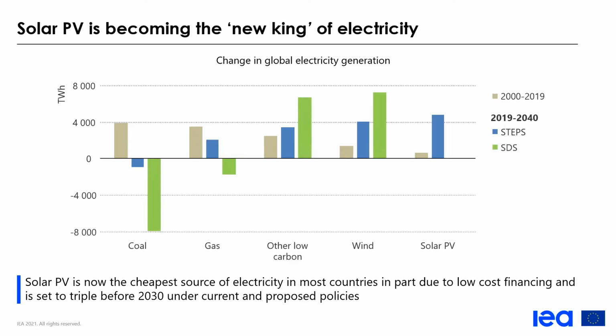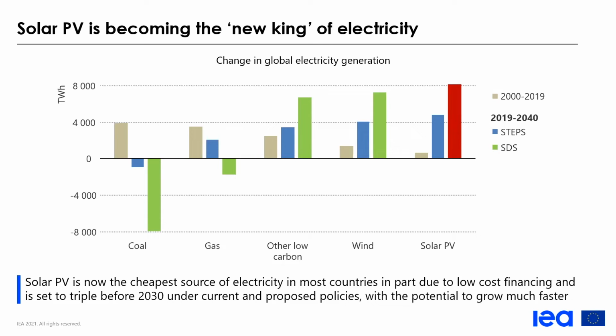But there is even more potential, because in the second scenario, if you remember, the Sustainable Development Scenario, we expect solar PV to produce 8,000 terawatt hours more electricity than today. This is like 12 times what was produced by solar PV in 2019, and this is really the most important point to be raised here.